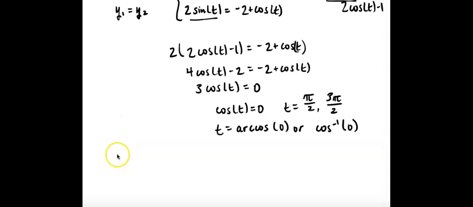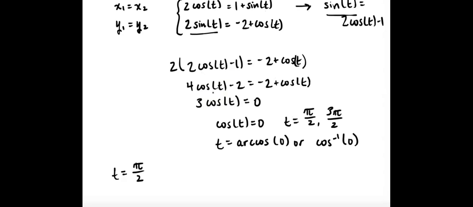So let's start with pi over 2. Our first equation is 2 cosine of t. So we are confirming that 2 times the cosine of pi over 2 is equal to 1 plus the sine of pi over 2.